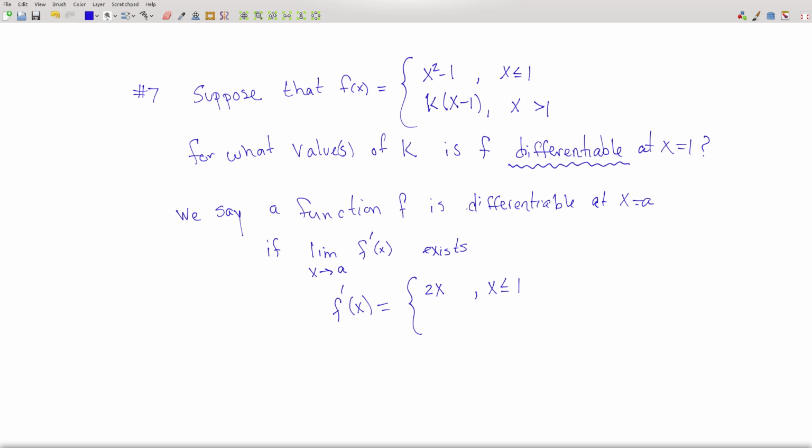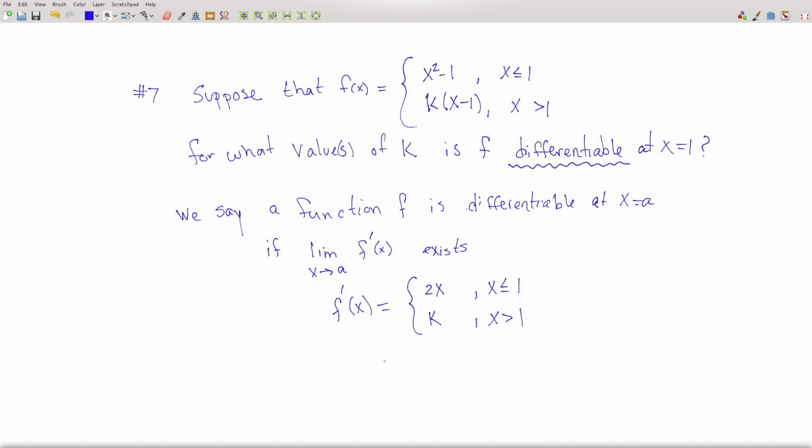And how about the derivative of k, which is a constant, times the quantity x minus 1? Well, it's just a constant times this quantity. The derivative of x minus 1 is just 1, so really the derivative of k times the quantity x minus 1 is just k. And this is true whenever x is greater than 1.